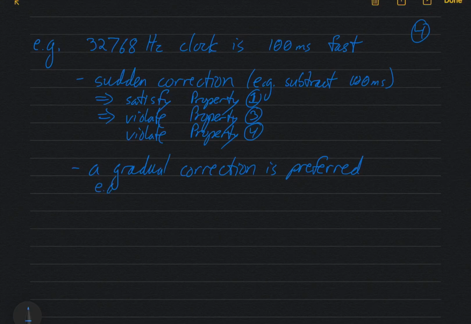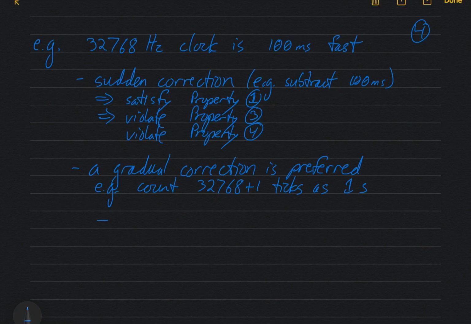And one way that we can do that quite gradually is to just, instead of counting 32,768 ticks as 1 second, we'll count one more than that as 1 second. So count 32,768 plus 1 ticks as 1 second.